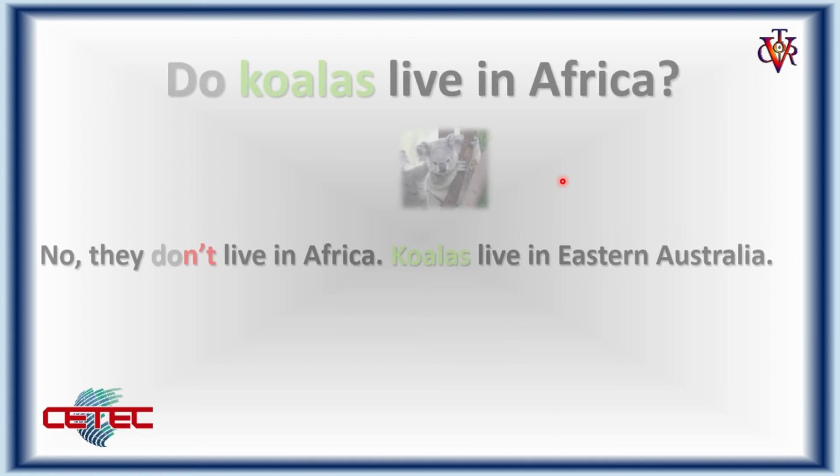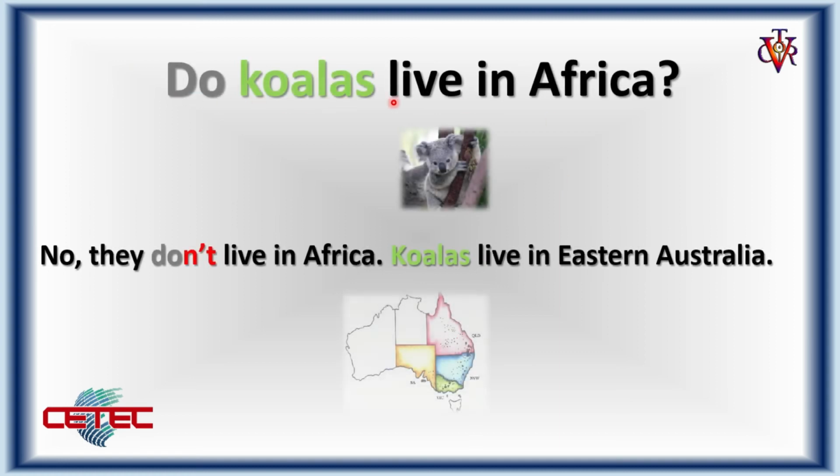Let's see another question. Do koalas live in Africa? Koalas, that means more than two. It's plural. They use do. Don't forget that we have to use do for we, you, they, and including I. Do koalas, plural, live? Live is the verb.